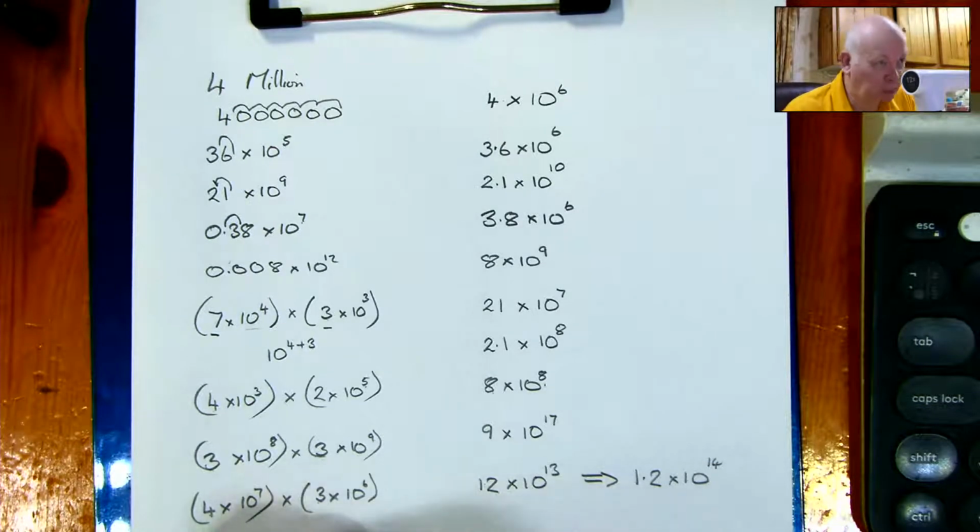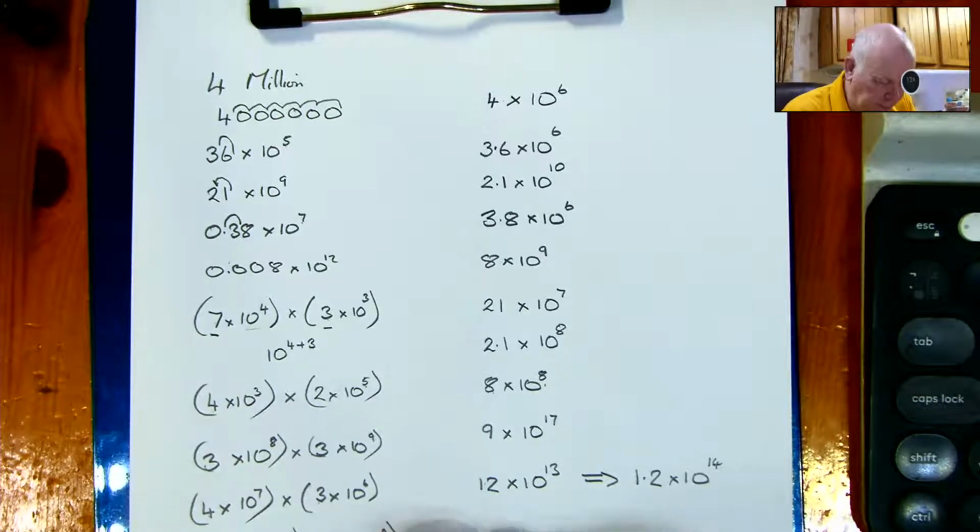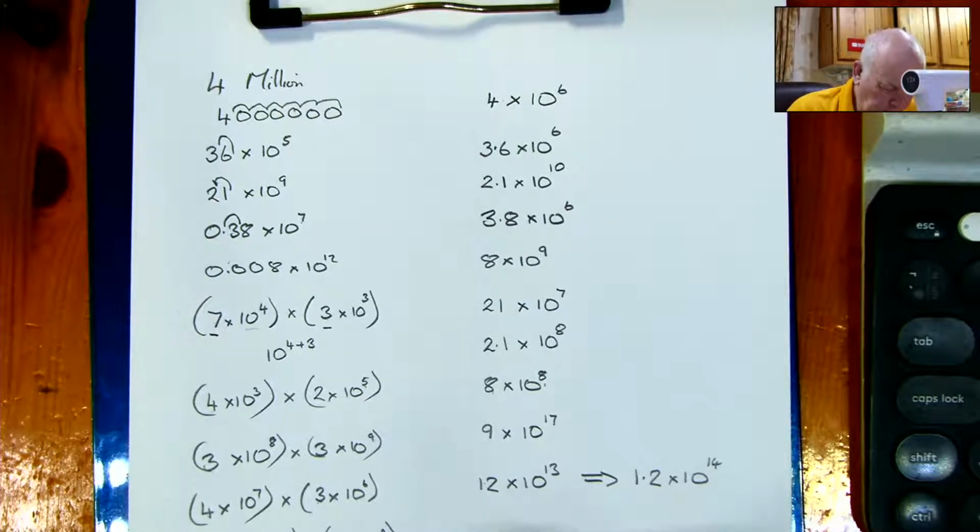And let's have a look at a final nasty one. 2.5 times 10 to the minus 4. What's that going to do when we multiply that by 3 times 10 to the 9? Well, when we multiply these together, we've got 3 times 2.5, which is 7.5.